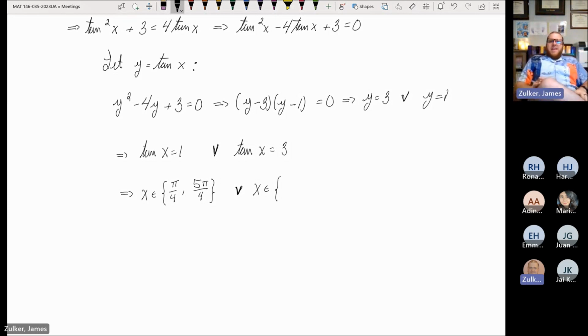Now, where is tangent equal to 3? This is not so nice.